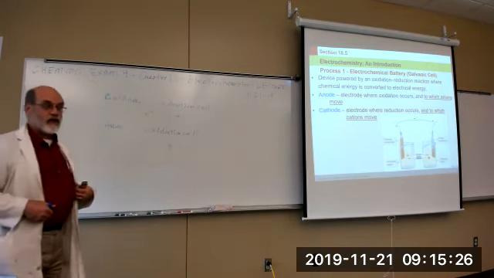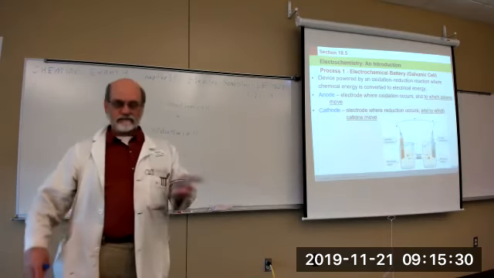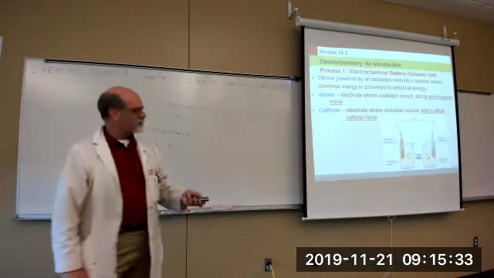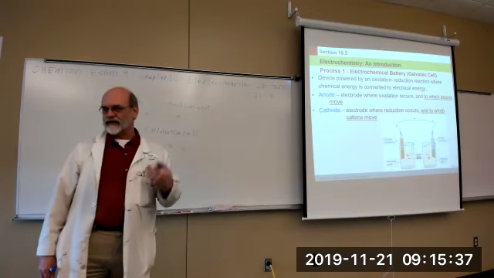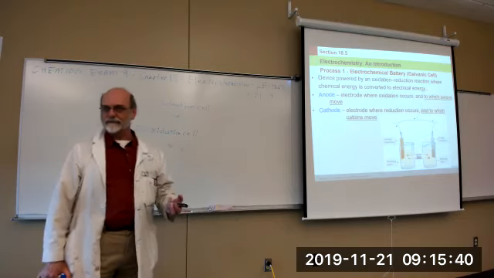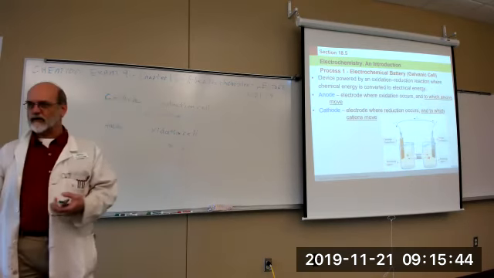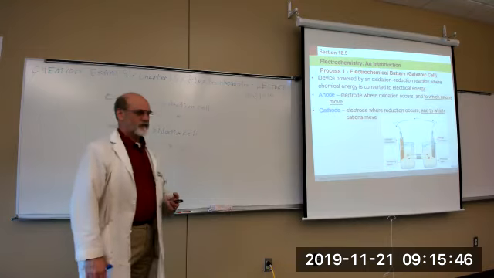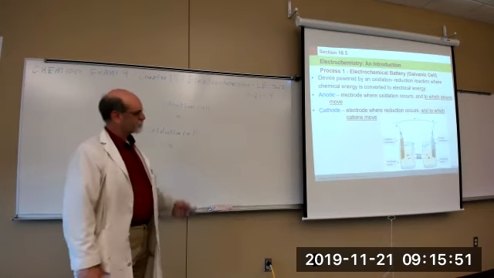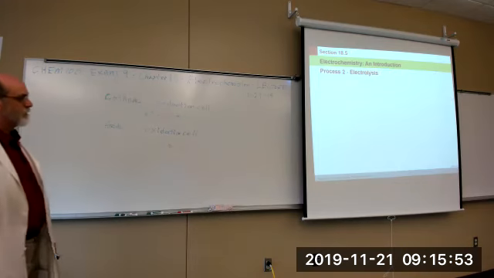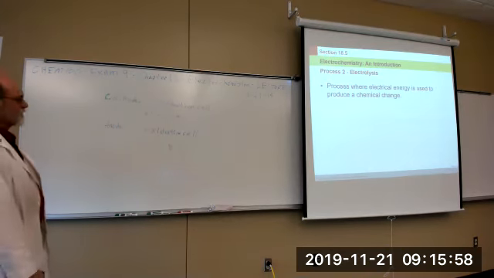If you don't have balanced charge, you have an electrostatic situation, which is not unheard of, but it's counterproductive to have electrostatics in your electrochemical cells. We only produce electrostatic situations for physics purposes. In chemistry, we don't do that.